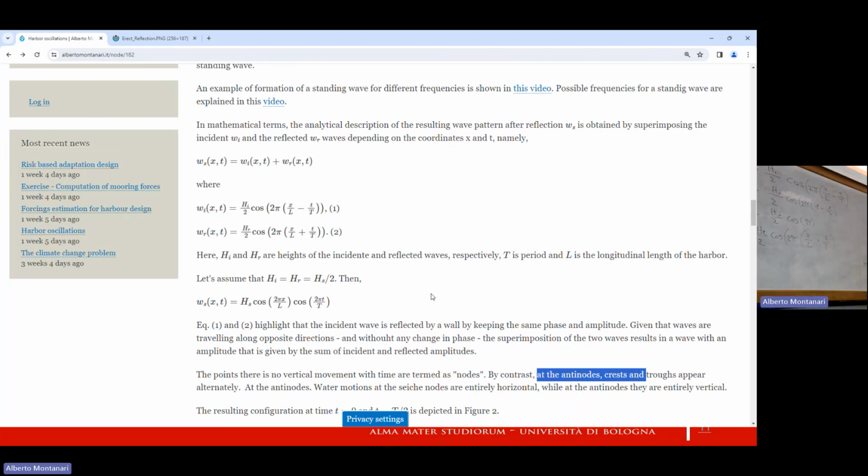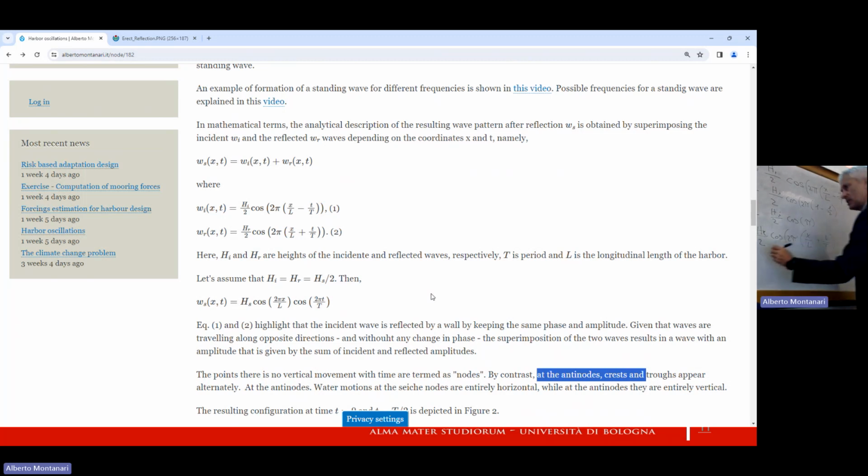And again, I substitute x equal to L and t equal to capital T half, so W_R. Any question?